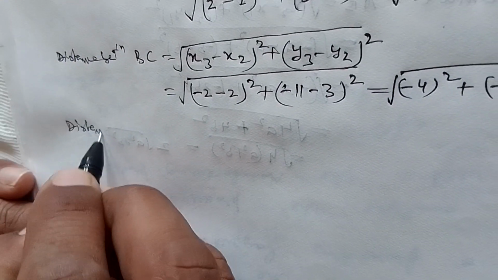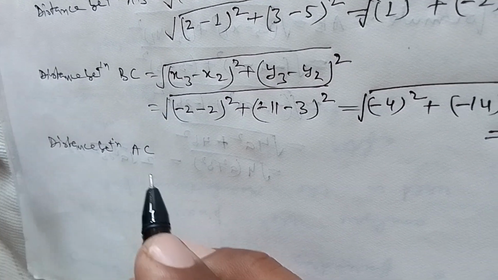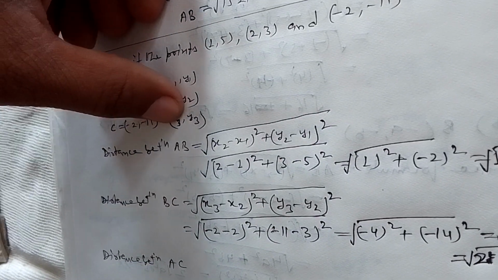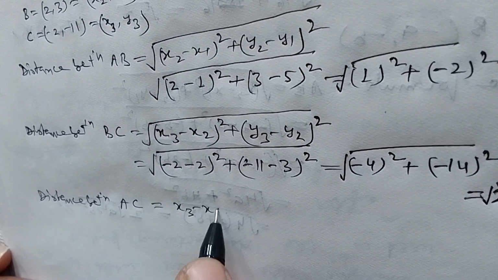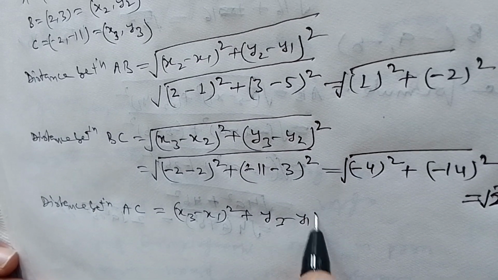Now the distance between points A and C. For this we will consider the coordinates x1, y1 and x3, y3. The formula is the square root of (x3 minus x1) square plus (y3 minus y1) square.